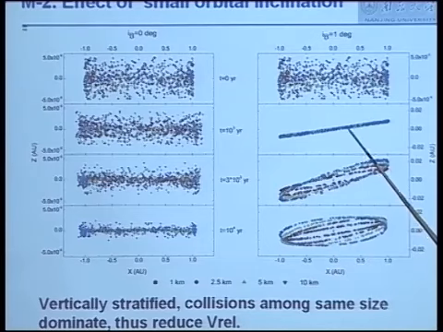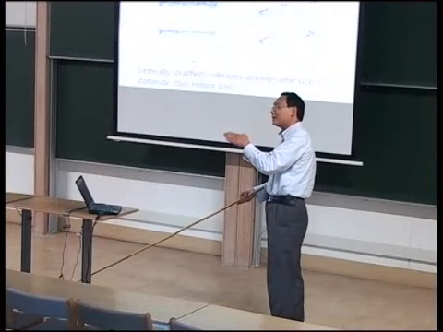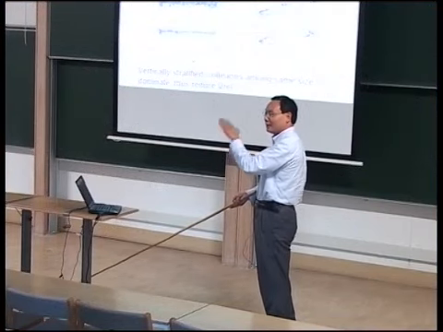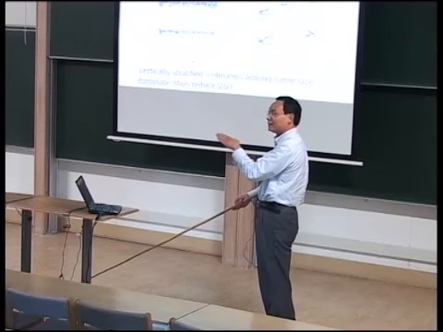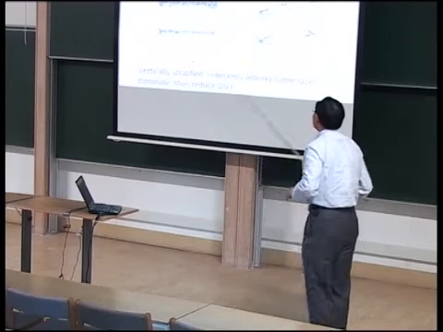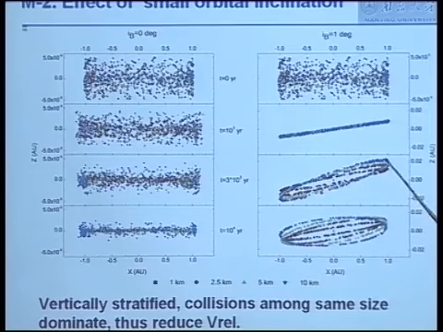But if they have small inclination, remember that different size planetesimals have different equilibrium configurations with the gas, also with a different final inclination. So they will stratify in the Z direction.